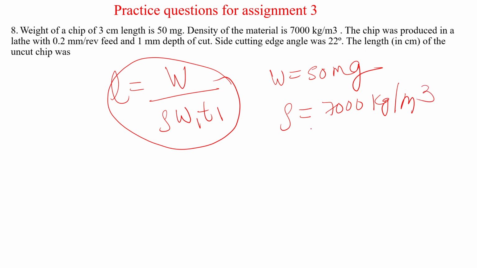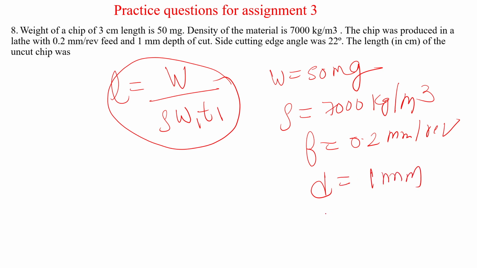The chip was produced in the lathe with feed given as 0.2 mm per revolution, depth of cut d given as 1 mm, and side cutting edge angle given as 22 degree. You need to find L. Can you find it? Just use the formulas.